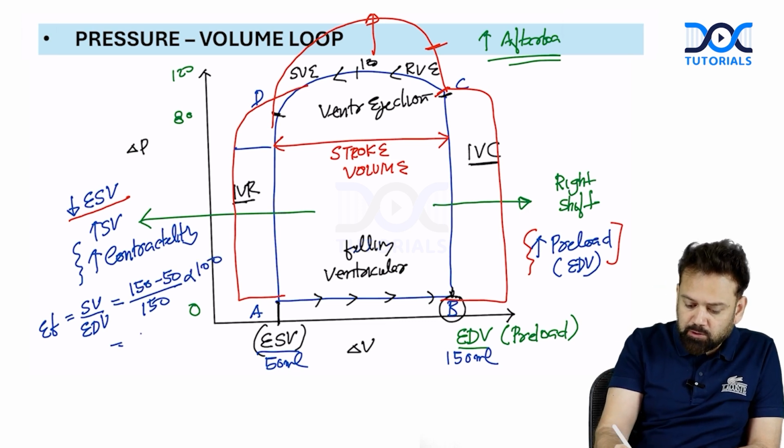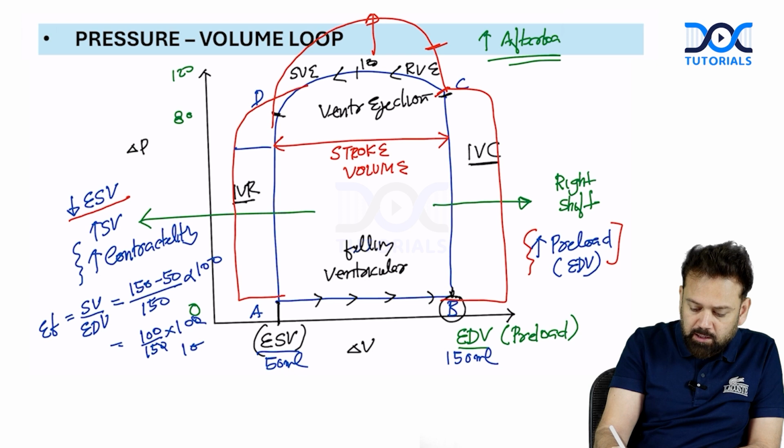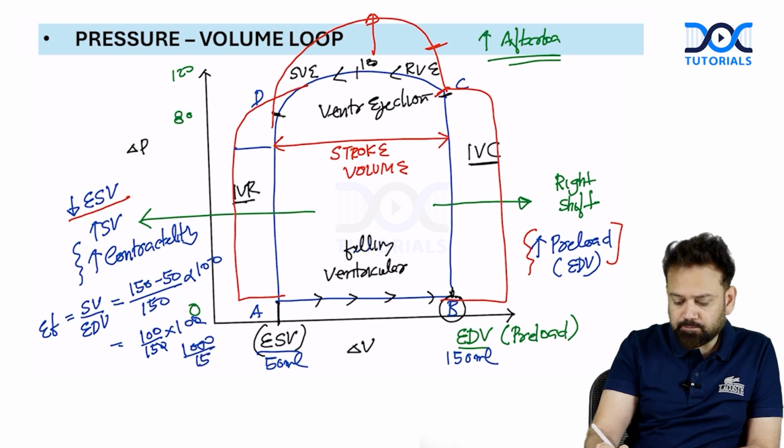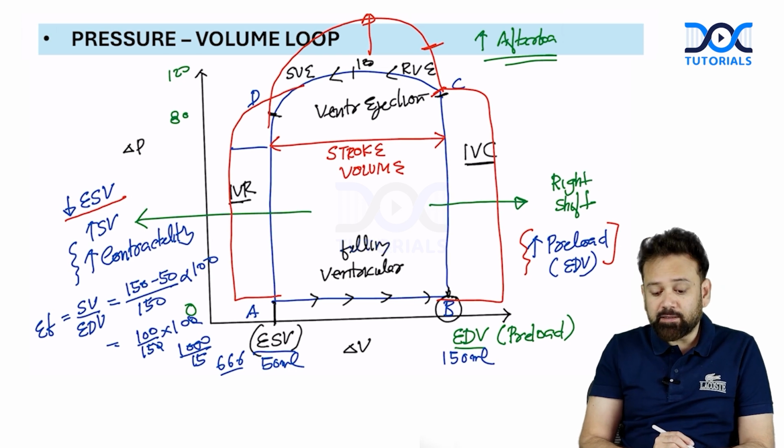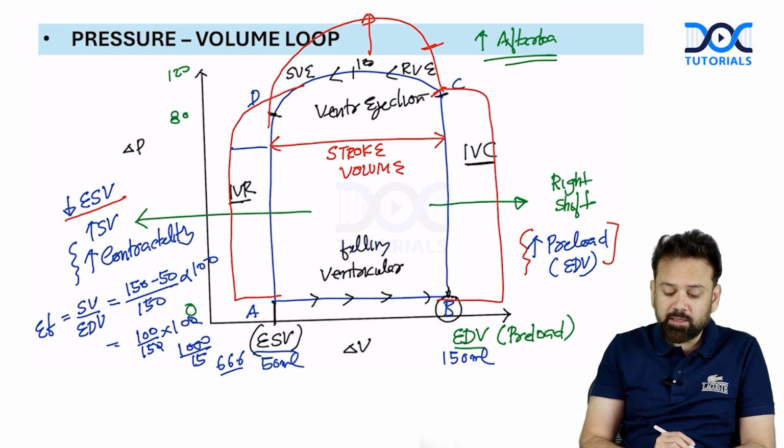So it will come around 100 upon 150 into 100. Whatever may be the value, it is 1000 upon 15, which is 66.6%.